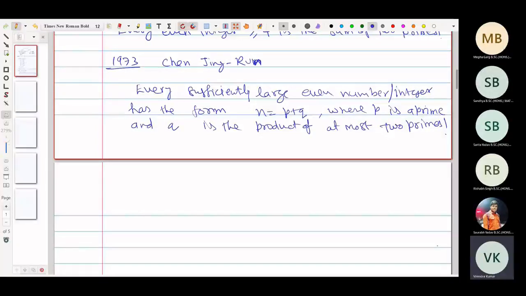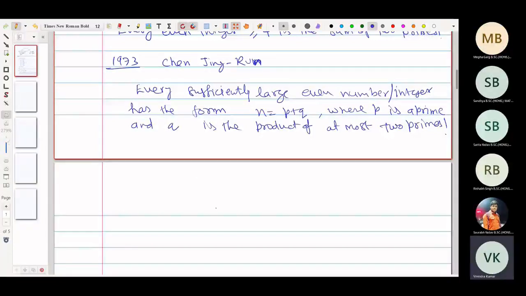He's not talking about that. That is, the even number should be greater than or equal to 10,000 or 1,000 or maybe 1 lakh, something like this. He didn't say, but he's saying every sufficiently large. Sufficiently large means whatever suits you. You can take it and then write that number as the sum of a prime and another term which is a product of two primes.